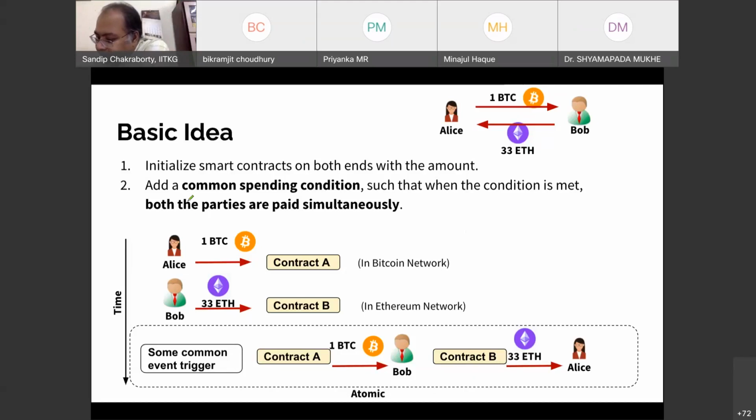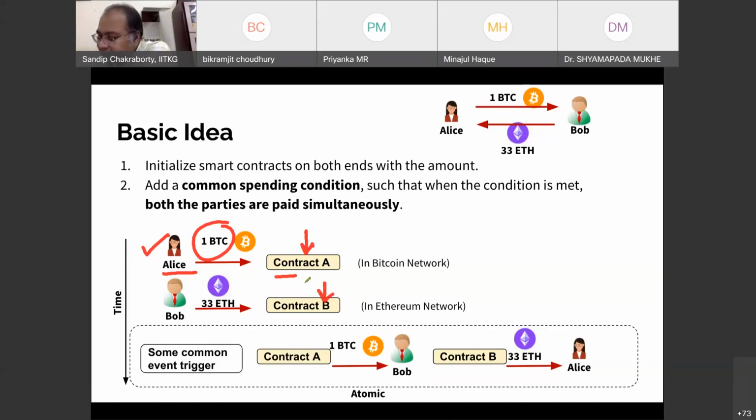So this is the first step. In the first step, Alice transfers one Bitcoin to this contract. First, contract A and contract B are submitted in the corresponding networks. Alice submits contract A to the Bitcoin network, and Bob submits contract B to the Ethereum network.